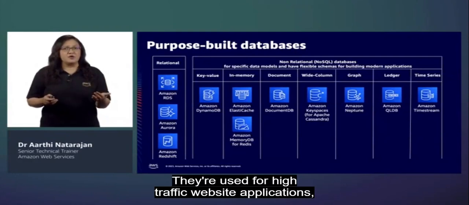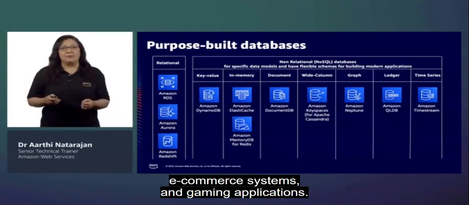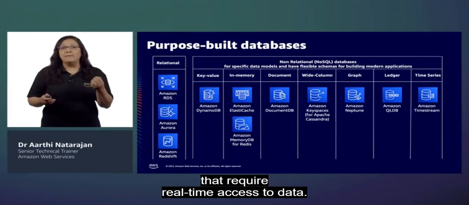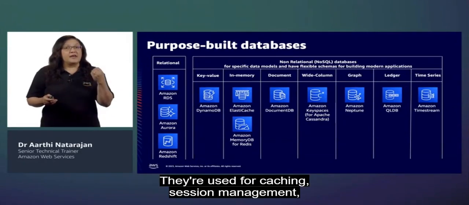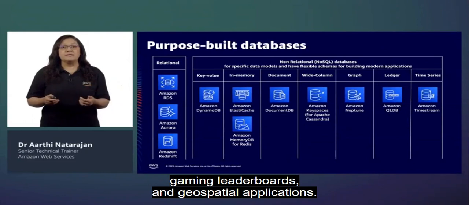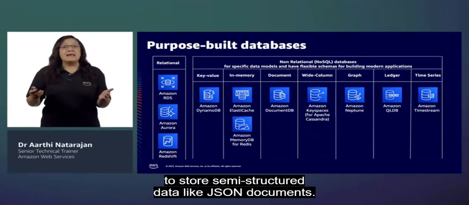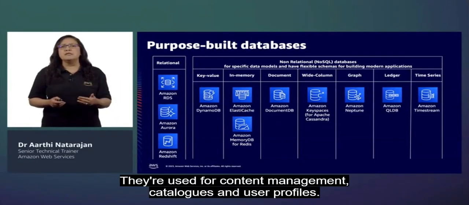They are used for high-traffic website applications, e-commerce systems, and gaming applications. In-memory databases are used for applications that require real-time access to data. They are used for caching, session management, gaming leaderboards, and geospatial applications. Document databases are designed to store semi-structured data like JSON documents. They're used for content management, catalogs, and user profiles.